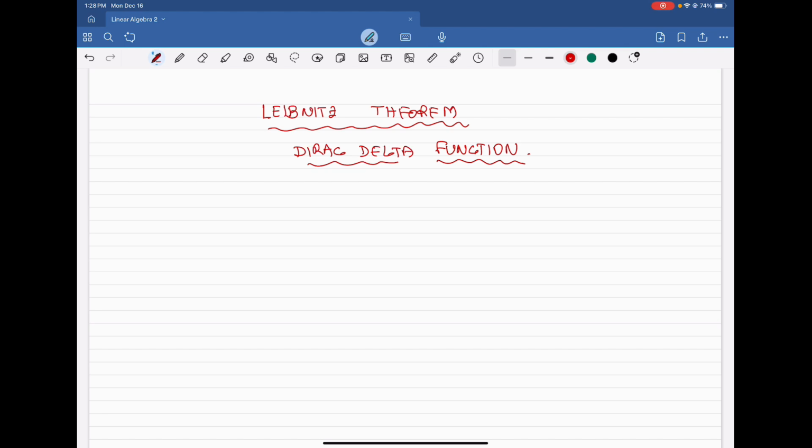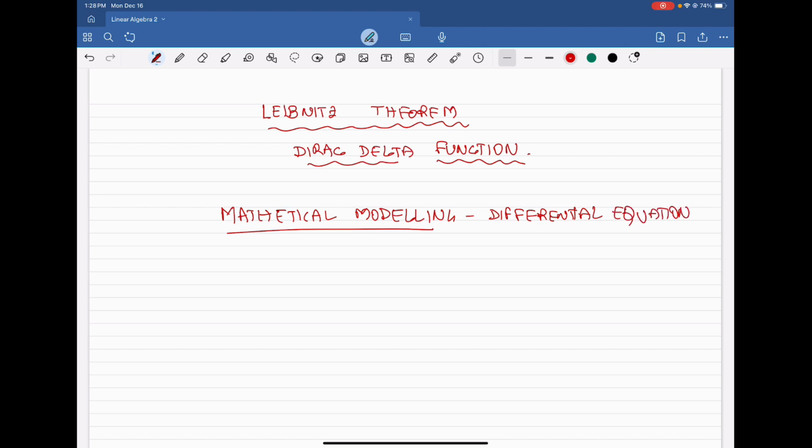Once we start with mathematical modeling, that is called mathematical modeling. Differential equations. We can parallelly understand the physical meaning, and ordinary differential equations and partial differential equations.